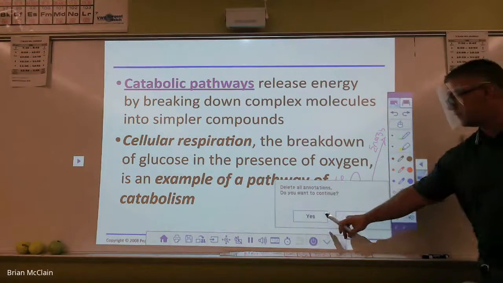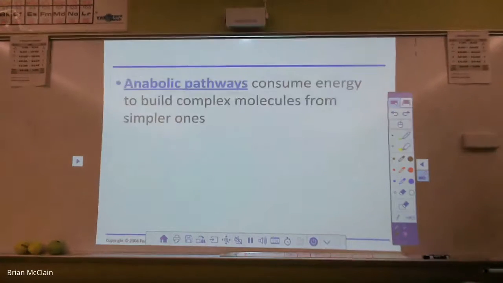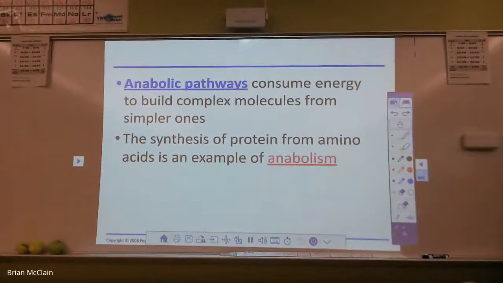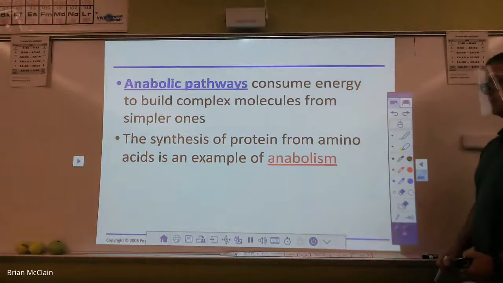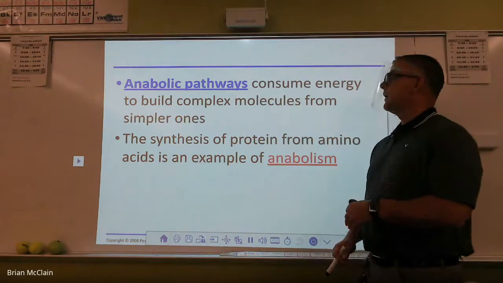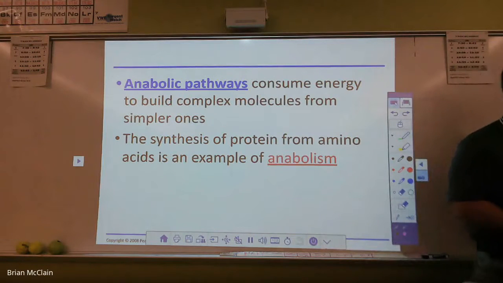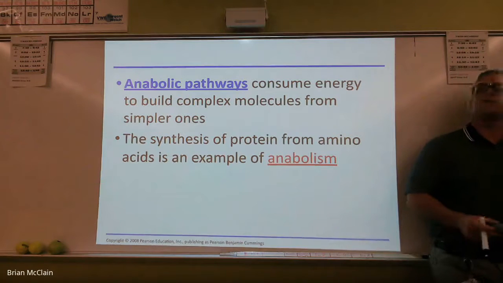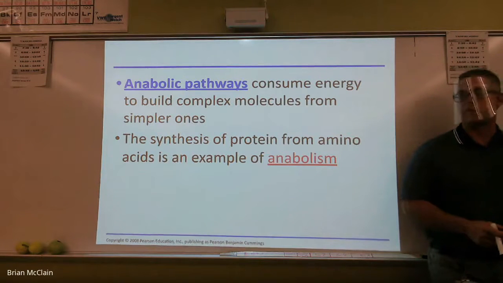All right. So the mention on the anabolic is it's consuming and it's building up. We have a lot of examples which are anabolic. I gave you photosynthesis, but let's look at another one.